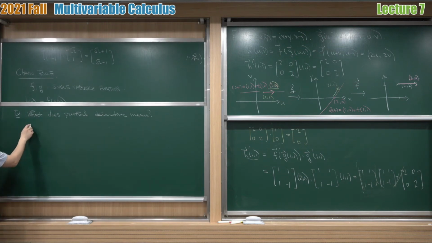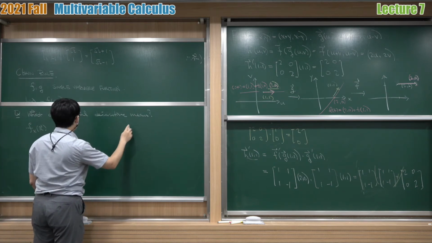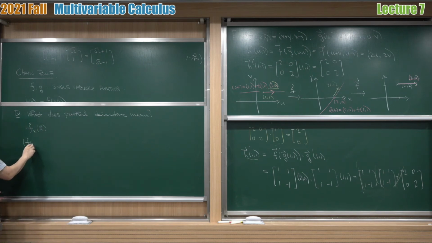For example, if you have f(x) at a, considering that the function f is a real-valued two-variable function, what does it mean?